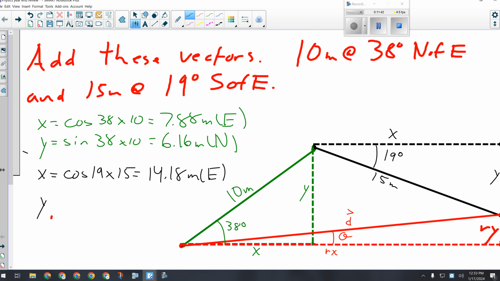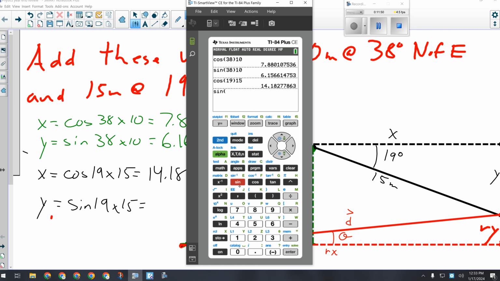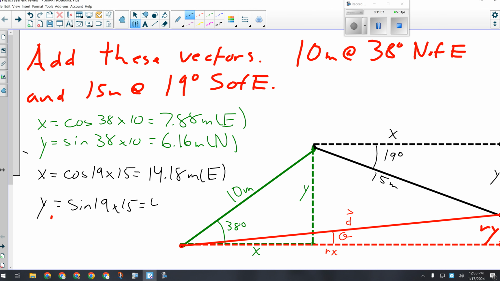Then the y component is the opposite side, so sine of 19 times 15 meters. So we're looking at 4.88 meters south. Now that we've got those vector components, what do we do with them?